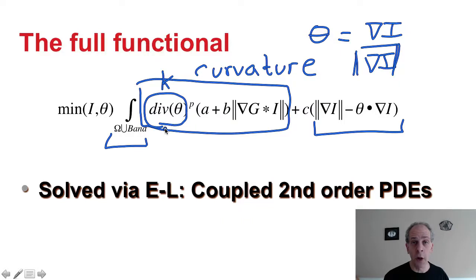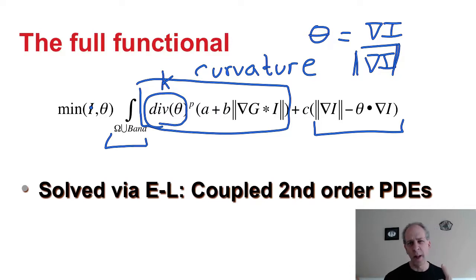Now, how do we solve this? Euler-Lagrange equations. But now we have two unknowns, theta and the image. It's exactly the same. You compute the Euler-Lagrange keeping I constant, and that gives you one equation, and then you keep theta constant and compute the Euler-Lagrange for I, and that gives you the second equation.